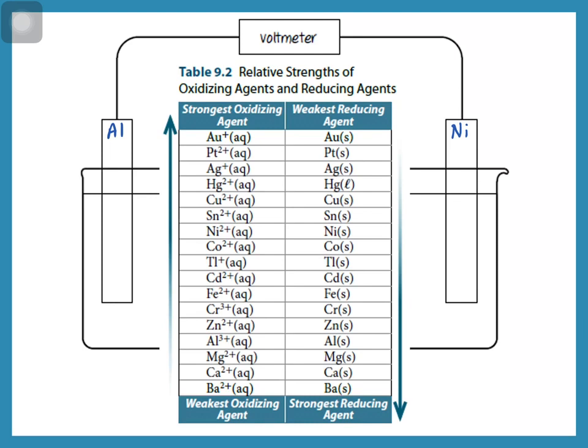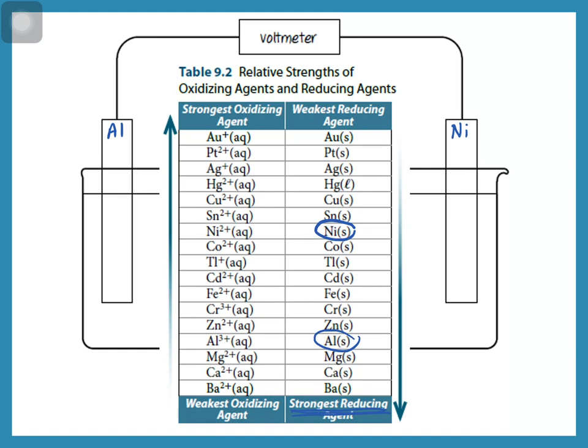So oxidation happens at the anode, but remember where oxidation happens, that is actually the reducing agent. So when we're looking for oxidation, we're looking for the strongest reducing agent. So I have aluminum and nickel. Aluminum is over here and nickel is over here. So aluminum is a stronger reducing agent.